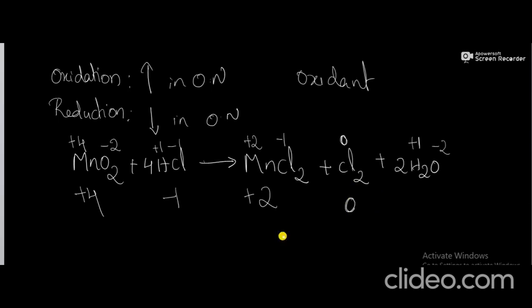That is, we can say that manganese oxide causes the oxidation of HCl to chlorine. Also, manganese oxide contains an element, manganese, which suffers a decrease in oxidation number during the reaction. That is, manganese oxide is the oxidizing agent, the oxidant.